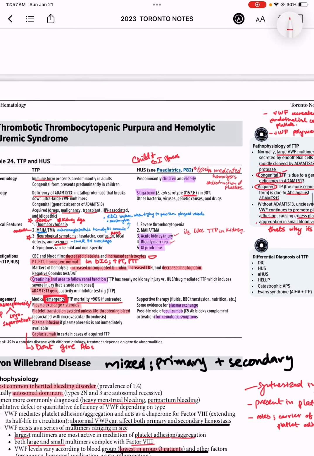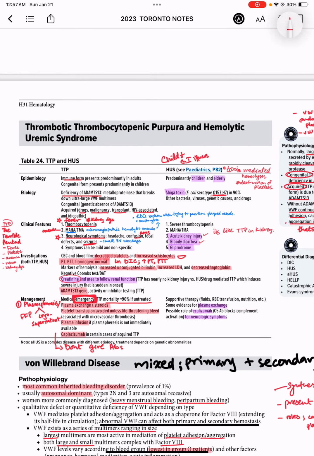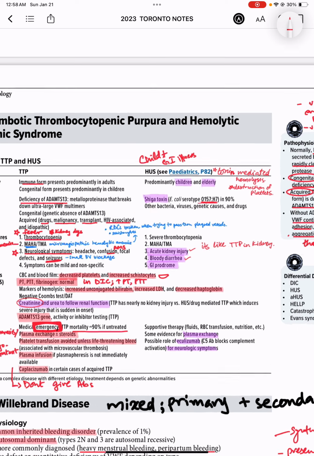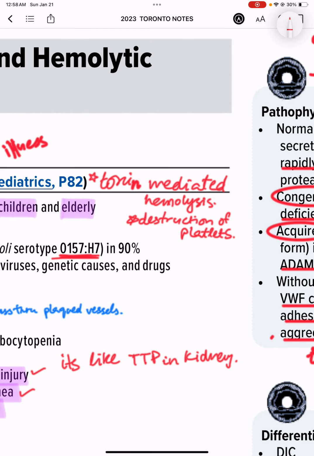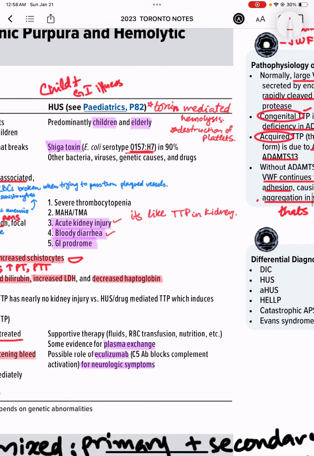And it would have similar investigations, decreased platelets, because there is thrombocytopenia going on. And then just remember it's similar to TTP. Over here too, the Shiga toxin, there is a toxin mediated hemolysis and destruction of platelets too.